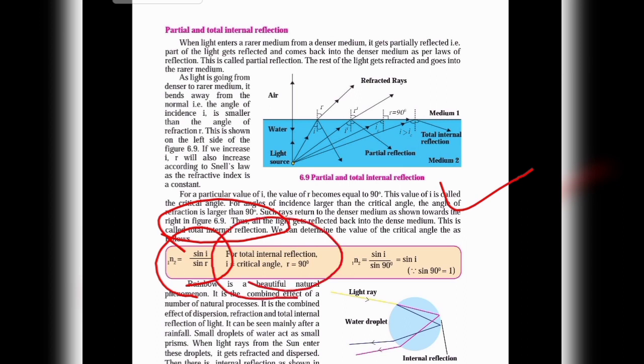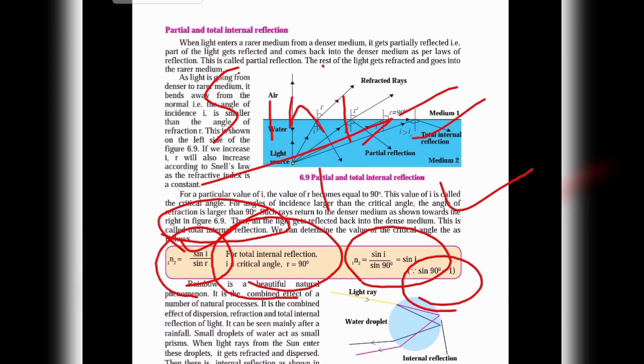That means we have to put the value of r in that formula, r equals 90 degrees. We get 1n2 equals sine i upon sine 90. But the value of sine 90 is 1. Hence sine i upon 1 is equal to the remaining term, that is sine i.